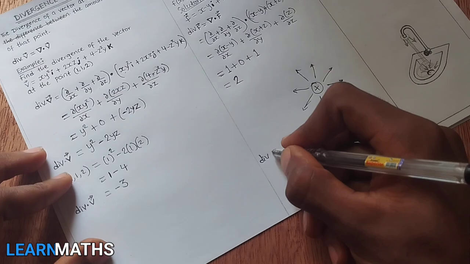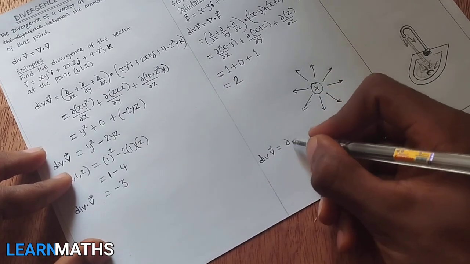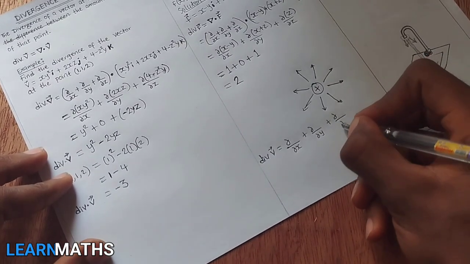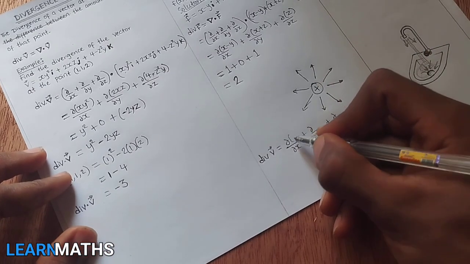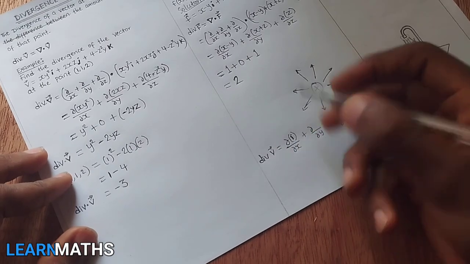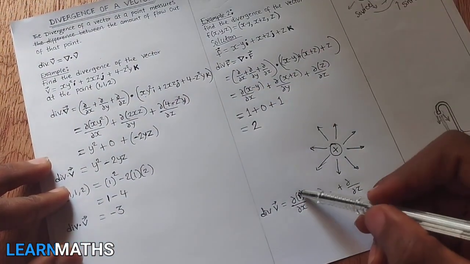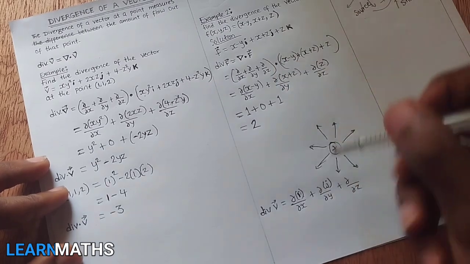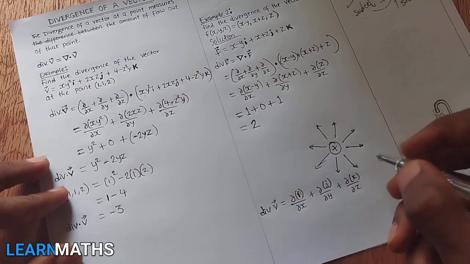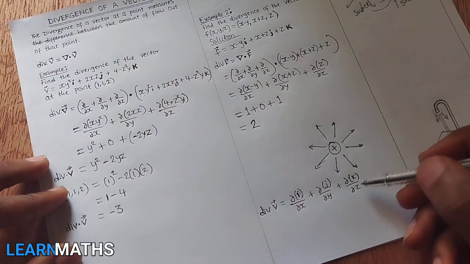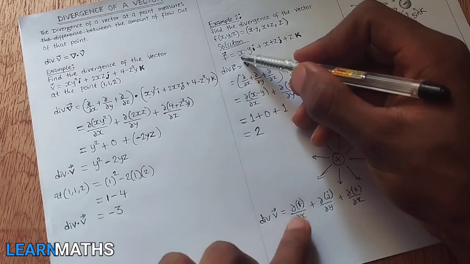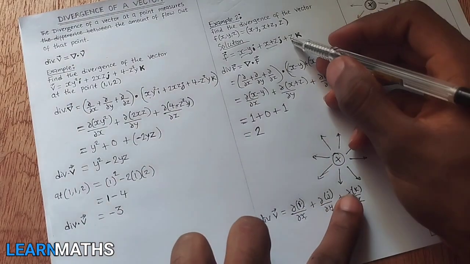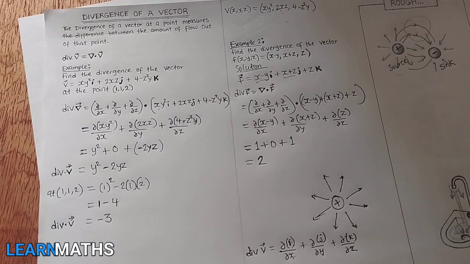The divergence of a vector, let's say v, is the partial differential with respect to x, with respect to y, and with respect to z of the I component, whatever you have attached to the I component, then the J component, whatever you have attached to the J component, you differentiate it partially with respect to Y. Then whatever you have attached to the K component, you also differentiate that with respect to Z. The coefficient of the I component, you differentiate with respect to X. The coefficient of the J component, you differentiate with respect to Y. The coefficient of the K component, you differentiate with respect to Z. That will be all for divergence of a vector.